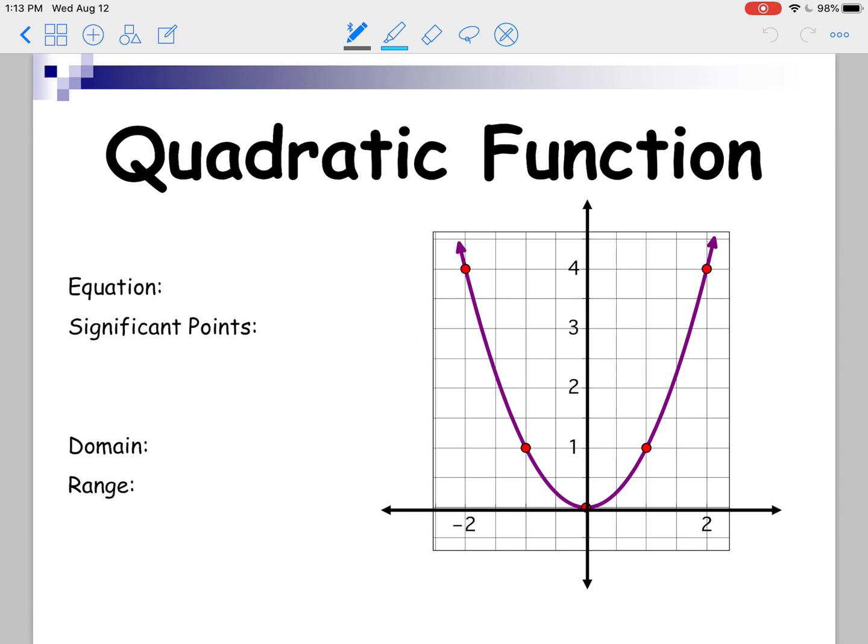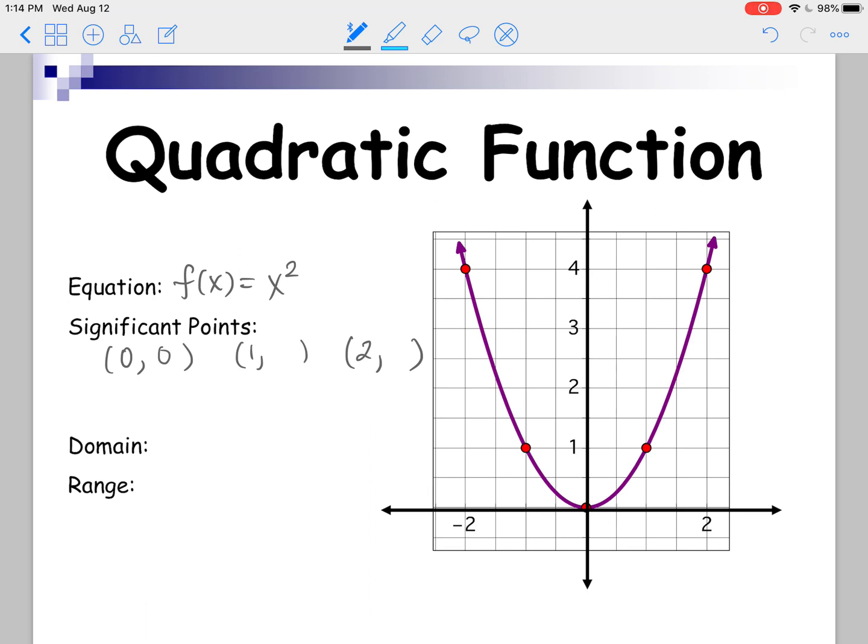The quadratic function is another function that's probably familiar from Algebra 1. The equation for the parent function is x squared. This time, when we plug in different numbers, we square all of our inputs. If I were to plug in 0, 0 squared is just 0.